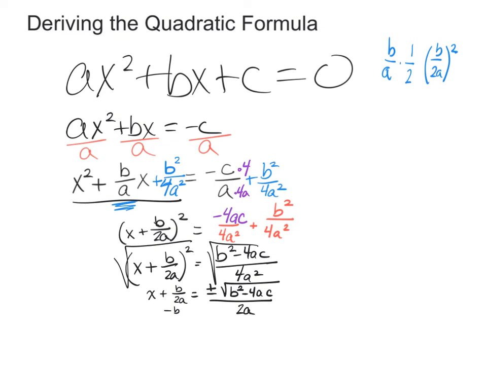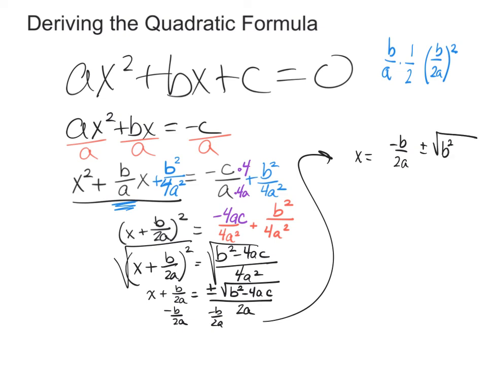I then subtract the b divided by 2a on both sides. Now, there are already like terms in our denominator, so I just combine the numerators.